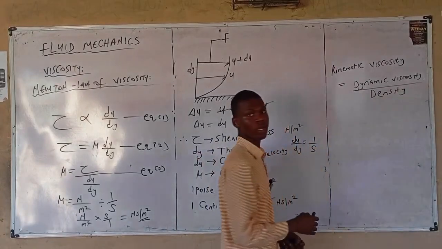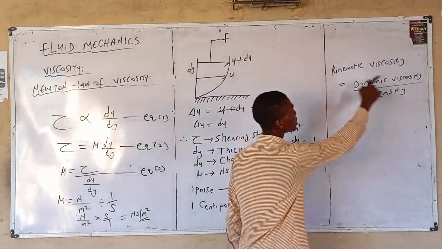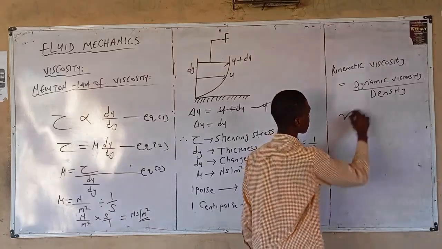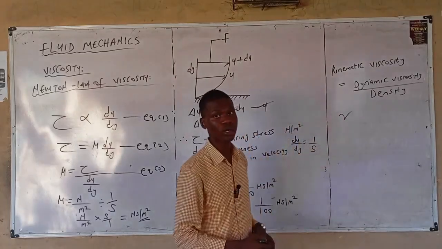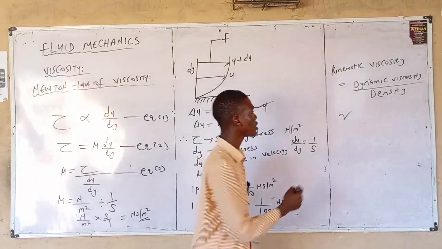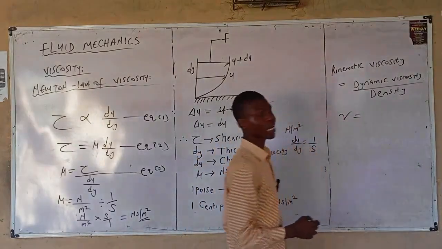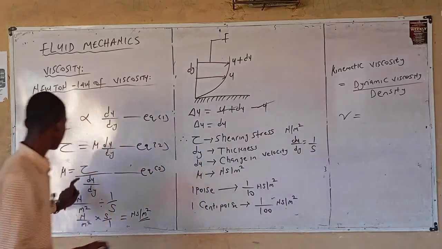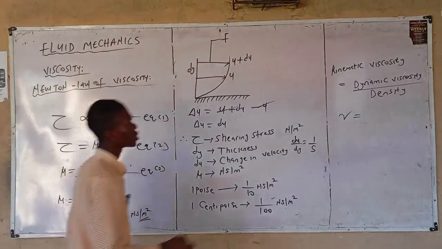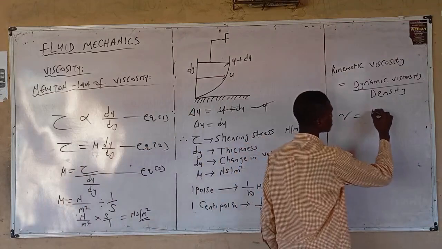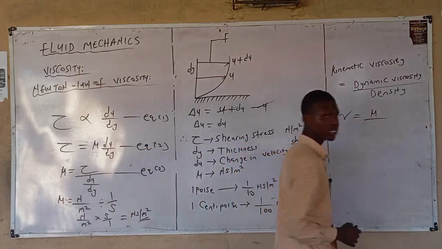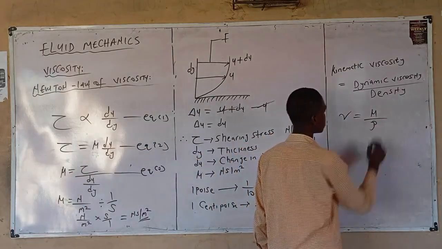Symbolically, kinematic viscosity has the symbol nu, pronounced nu, equal to your dynamic viscosity mu divided by your density rho.